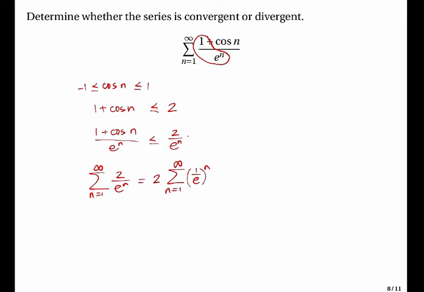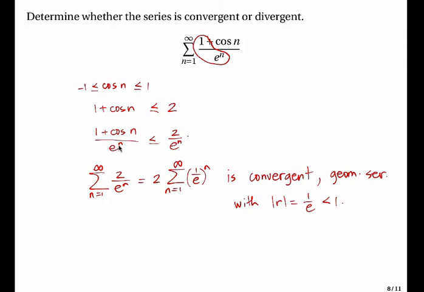We know that this is convergent because it is a geometric series with r equals 1 over e, and the absolute value of r, 1 over e, is less than 1. So, if something bigger is convergent, then that smaller guy will also be convergent.